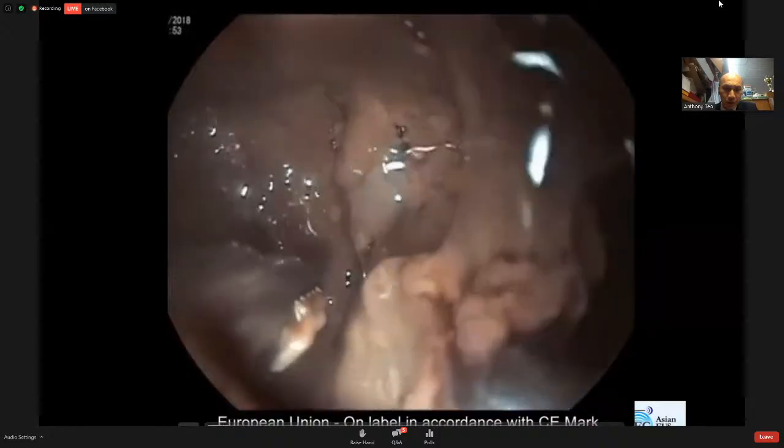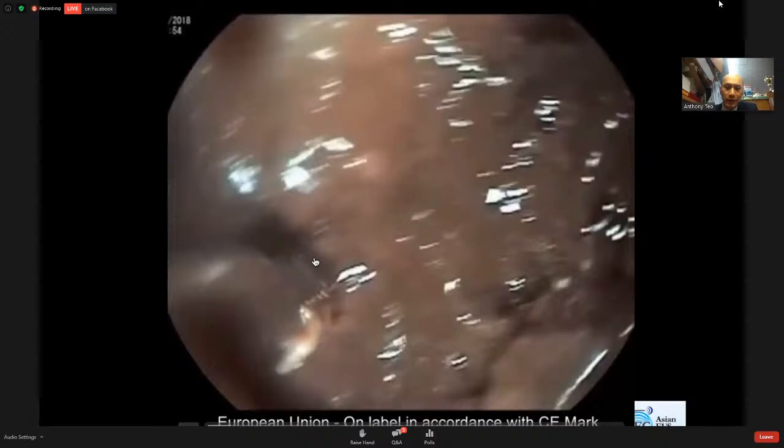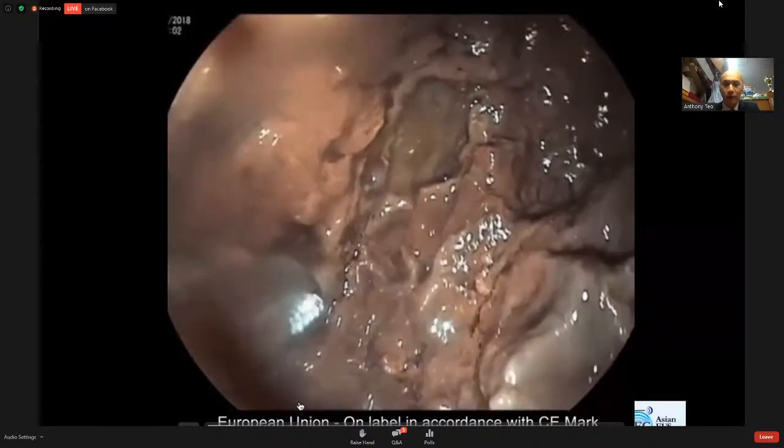So now they are using this device to perform necrosectomy. You can see all this black, bluish stuff is necrotic pancreas. At the tip of the device, you can see it's a kind of cutting blade, a cutting rotor, which cuts around continuously. And inside the lumen, suction can be applied so as to suck out all the necrotic debris.